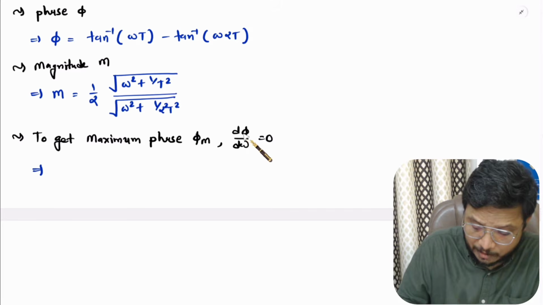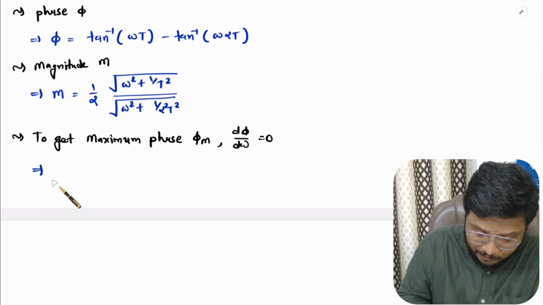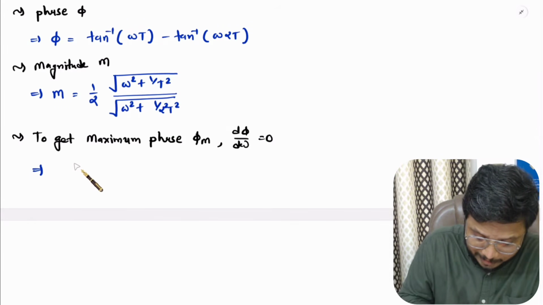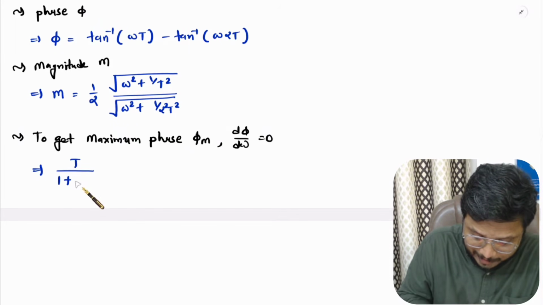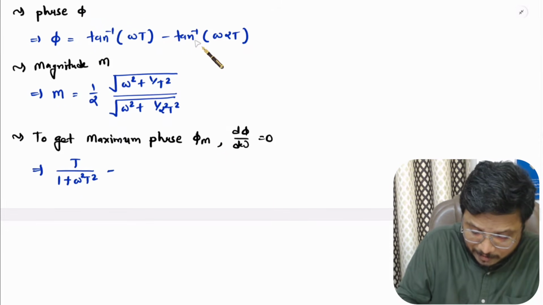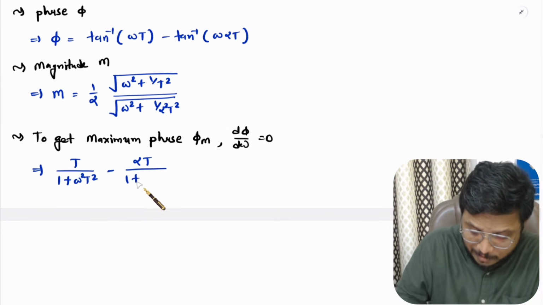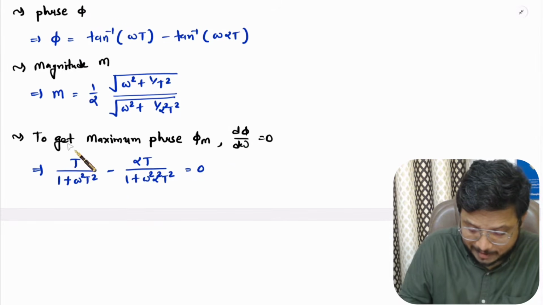If you differentiate this phi with respect to omega, then differentiation of tan inverse omega T will be the constant T divided by 1 plus the square of this, that is omega square T square, minus the differentiation of tan inverse omega alpha T, where the constant is alpha T, divided by 1 plus the square of this, that is omega square alpha square T square, and that is equal to 0 to get maximum phase.